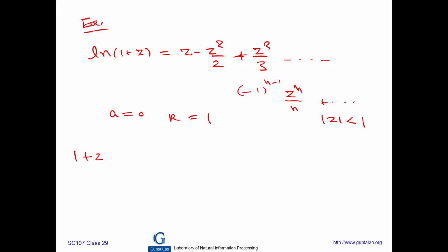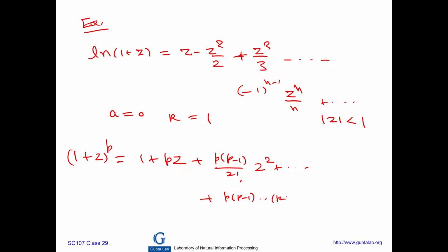Similarly, we have 1 plus z raised to power p equals 1 plus pz plus p into p minus 1 divided by factorial 2 into z square, and so on, up to p into p minus 1 dot dot dot p minus n plus 1 divided by factorial n z raised to power n. This series is convergent for mod z less than 1, so the radius of convergence turns out to be 1. All these results are just like in the case of real variables.